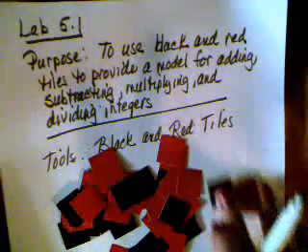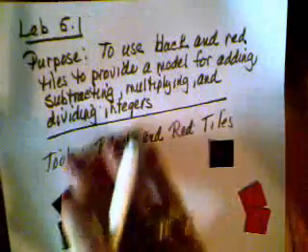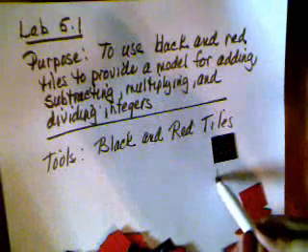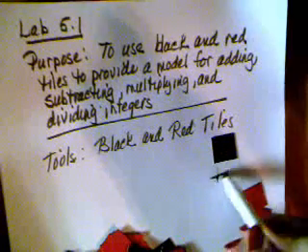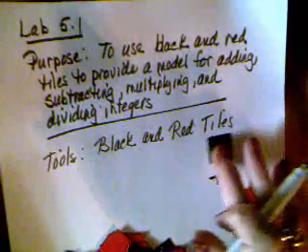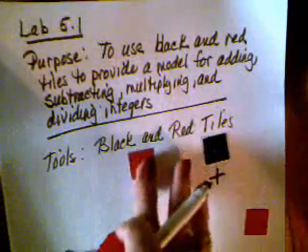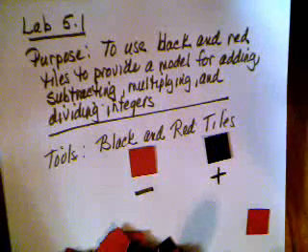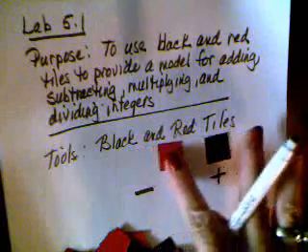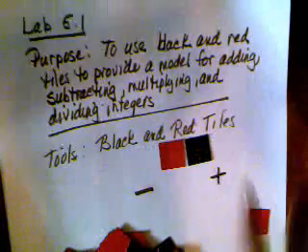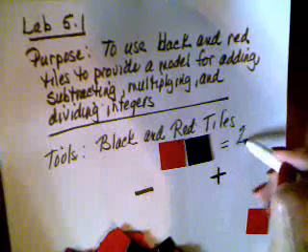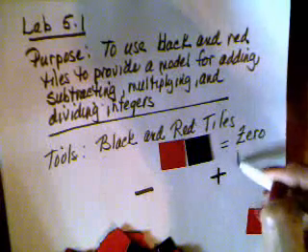We're going to set up the concept that the black tile represents a positive value and a red tile represents a negative value. I know that a negative and a positive are called zero pairs.